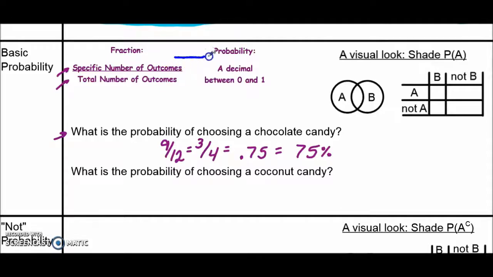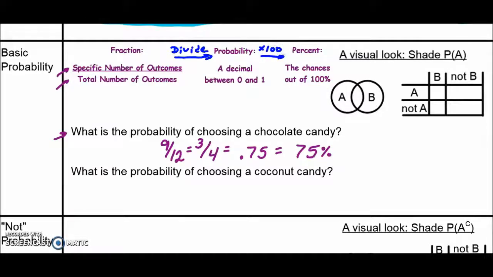Remember, to get from a fraction to a probability, all you need to do is divide, either by hand or using a calculator. Lastly, we created a percent. A percent is the chance something will happen with 100% as the maximum certainty. To get from a probability to a percent, all you need to do is take that probability and multiply by 100.